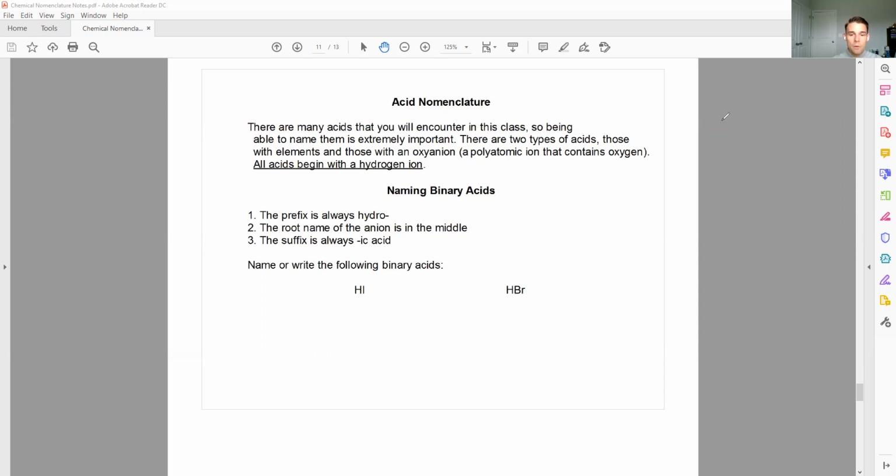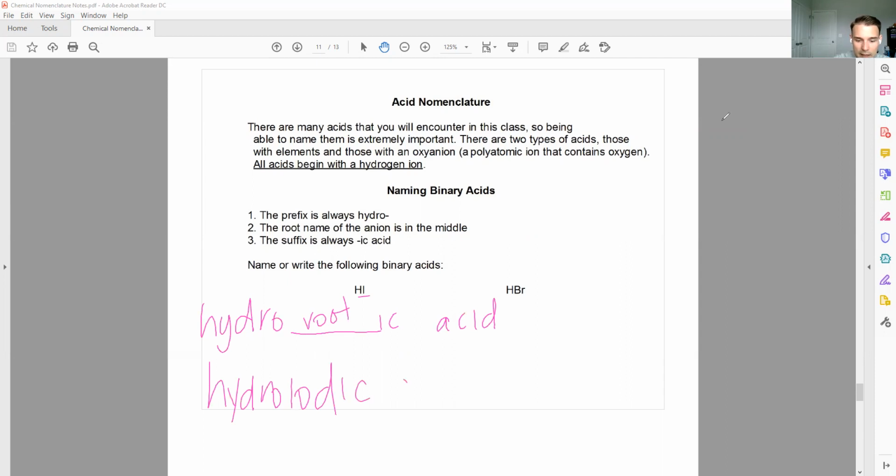These are easy because they're done just like ionic compounds, and that's why I group them with them. When we just have hydrogen with an element, the prefix is always hydro, then you have the root of the anion, and then it ends in ic acid. So I is iodine. We have our prefix hydro, iod is the root, and then we add ic acid.